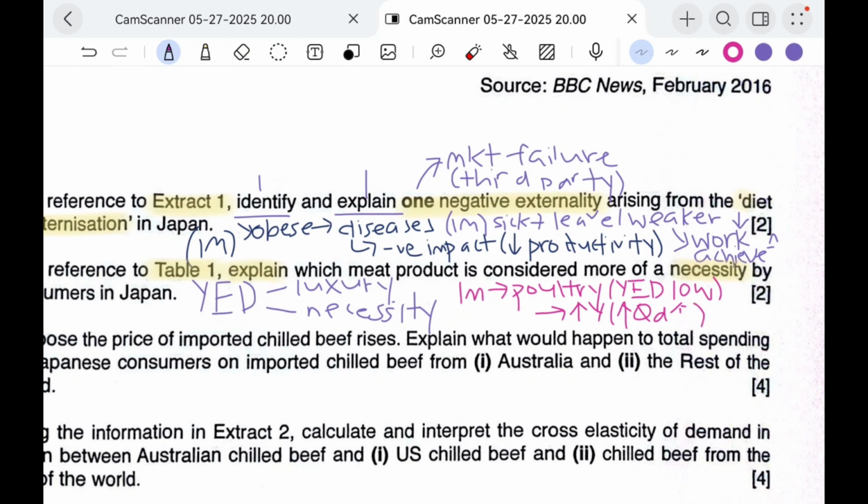And this is because poultry as a necessity has already been fulfilled to some extent, even when I'm not rich. So when I am richer, there's just a little bit that I can increase its consumption of.